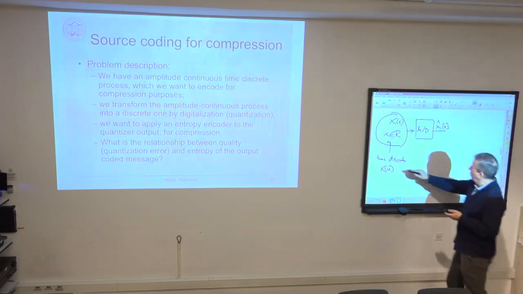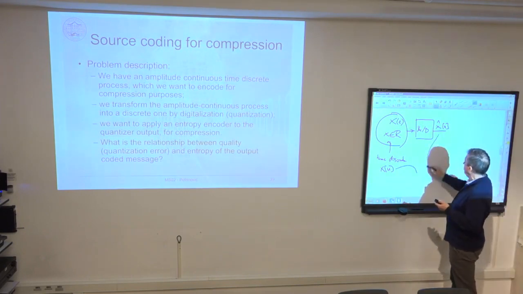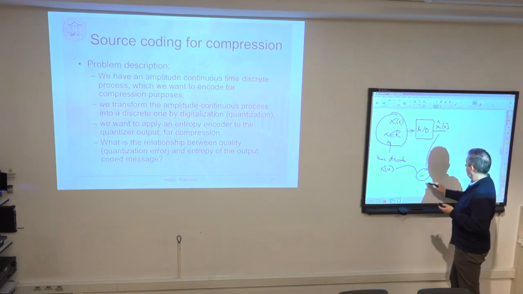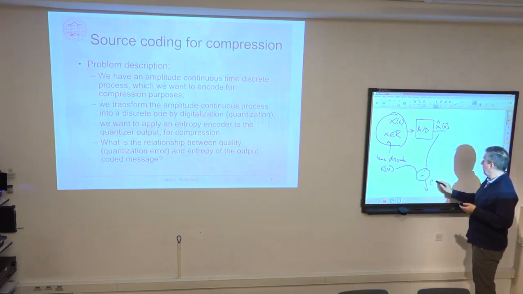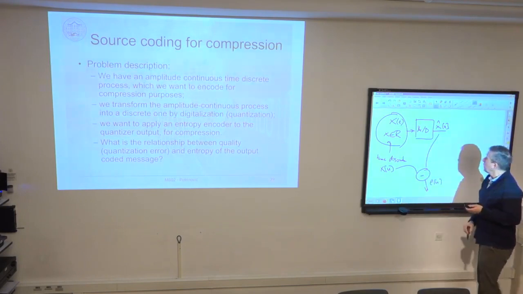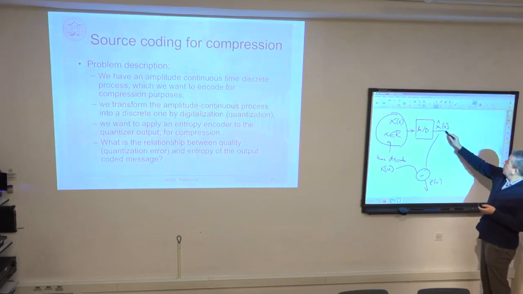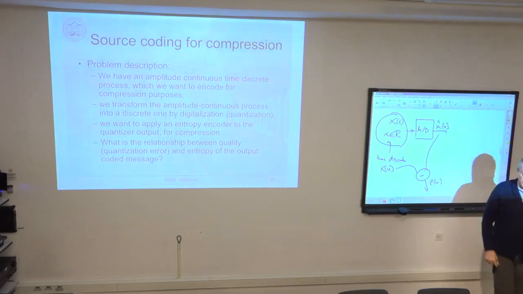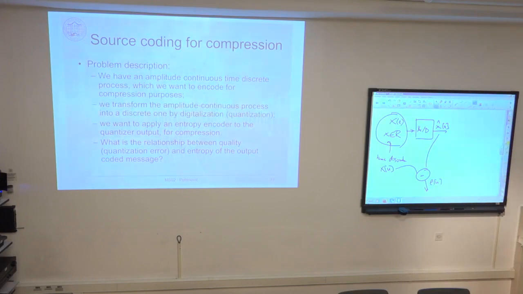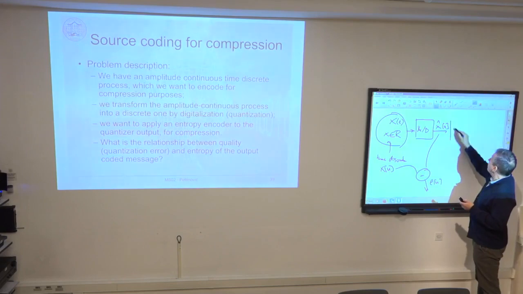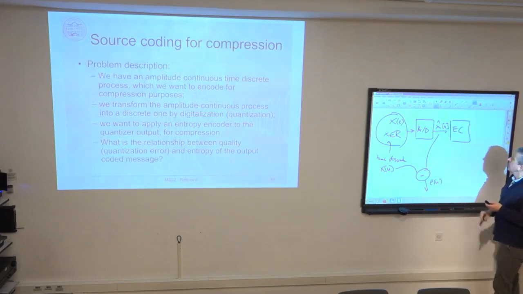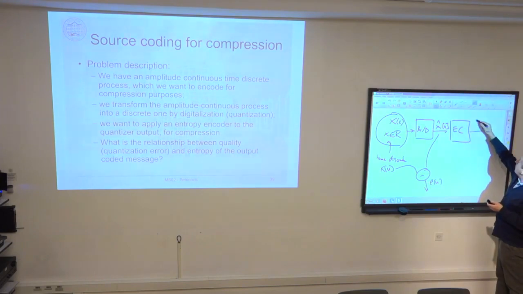And of course, we have some kind of error here. So this is error signal. This number sequence that is at the output of AD converter can be entropy coded, entropy coder.